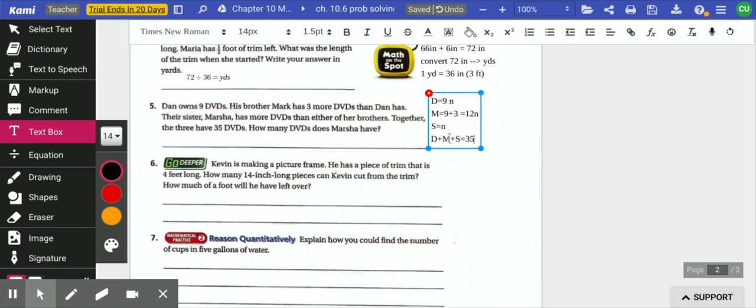So the best way I can figure this one out is I can start by adding Dan and Mark together, which is 12. We already did that. Or he has 12. So if Dan has 9 and Mark has 12, together they have 21.